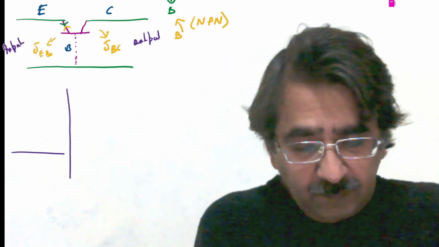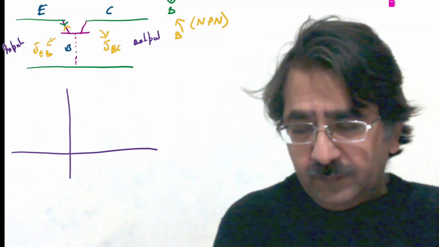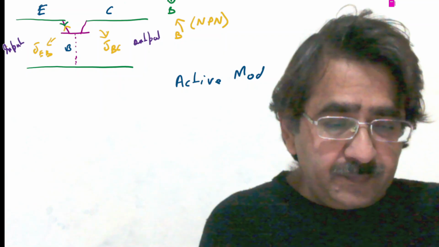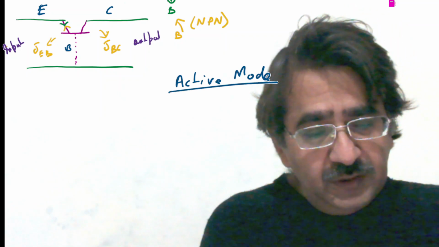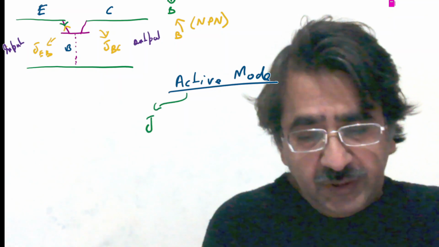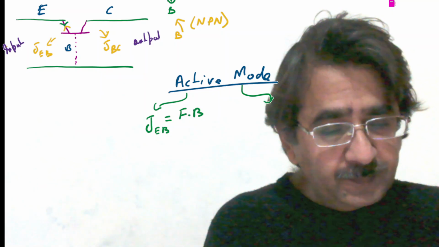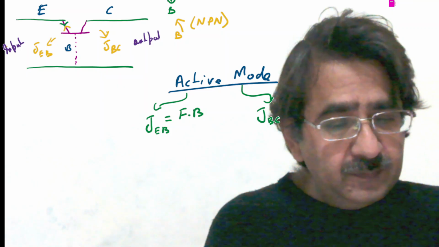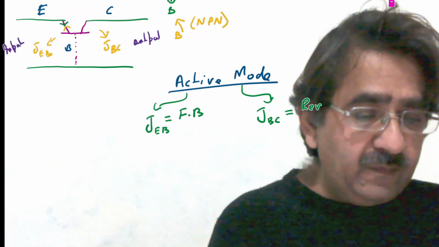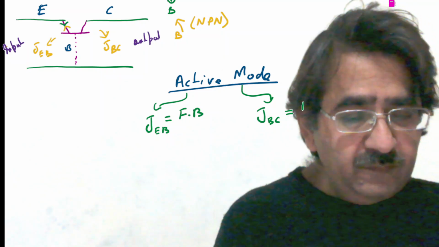For active mode, the junction JEB will be forward bias, and junction BC will be reverse bias.